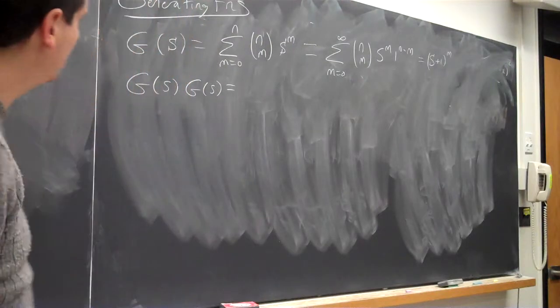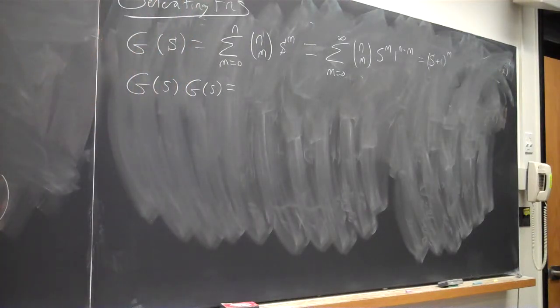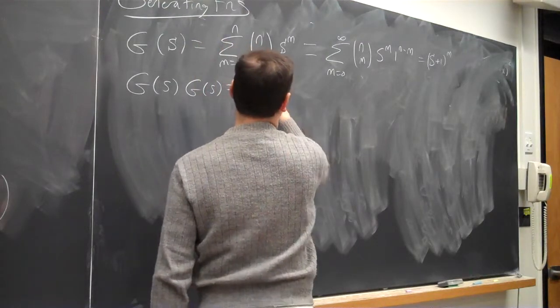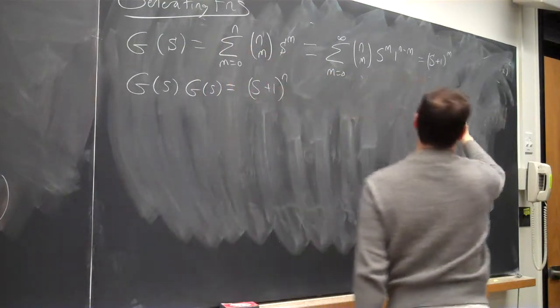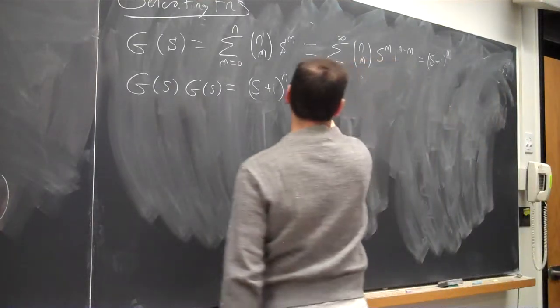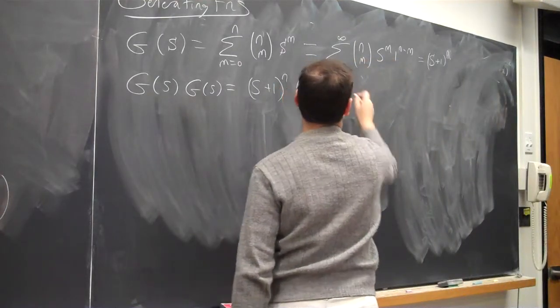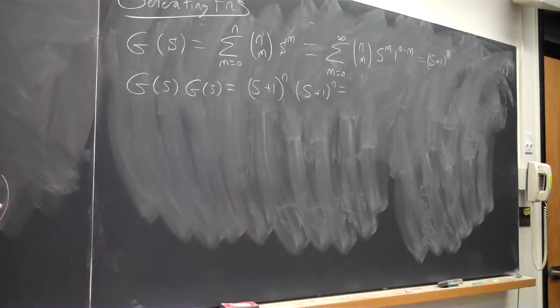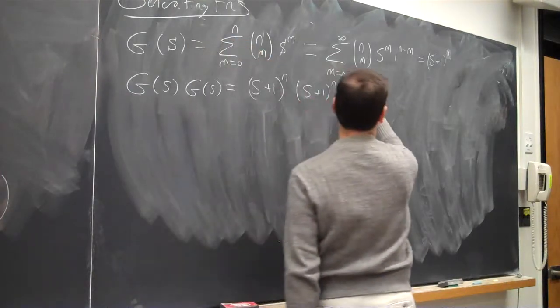Okay, so what can you tell me about g of s times g of s? Well, that's got to be s plus 1 to the n times s plus 1 to the n. Can anybody simplify? S plus 1 to the 2n.